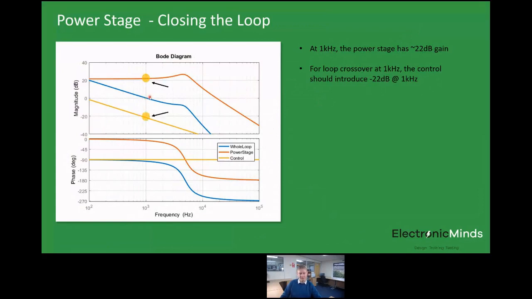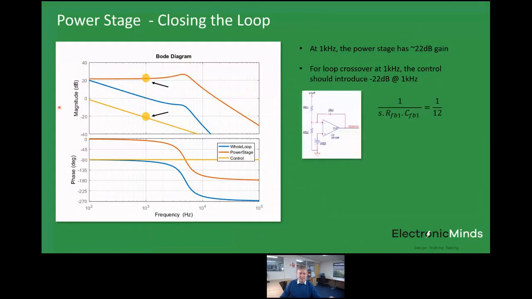So let's do that for our system. We know that minus 22 dB is 1 upon 12, and we want the frequency domain response at 1 kilohertz for our integral control to therefore be equal to 1 upon 12, so minus 22 dB. And that has to occur at a frequency of 1 kilohertz.